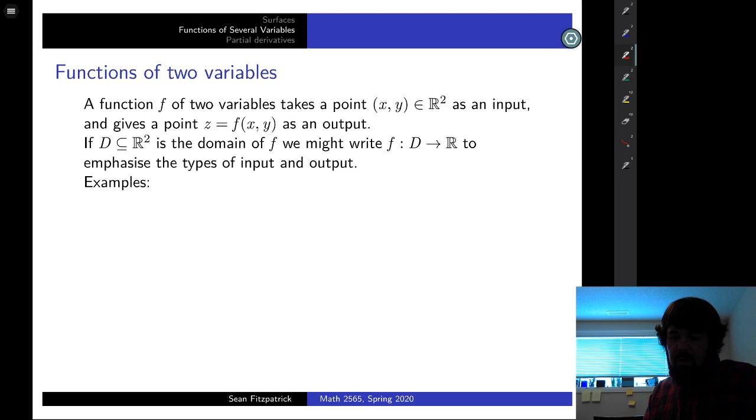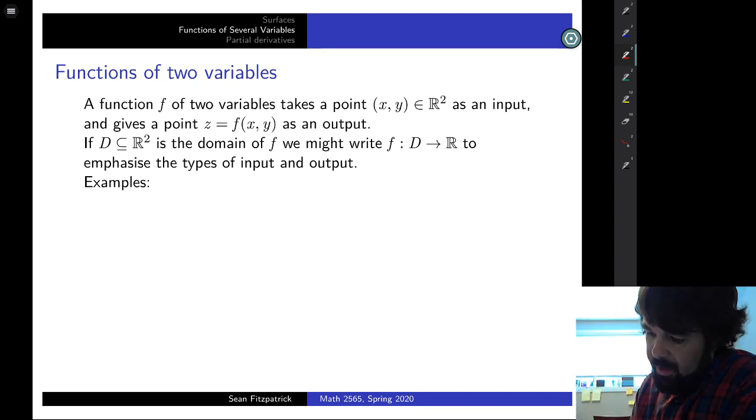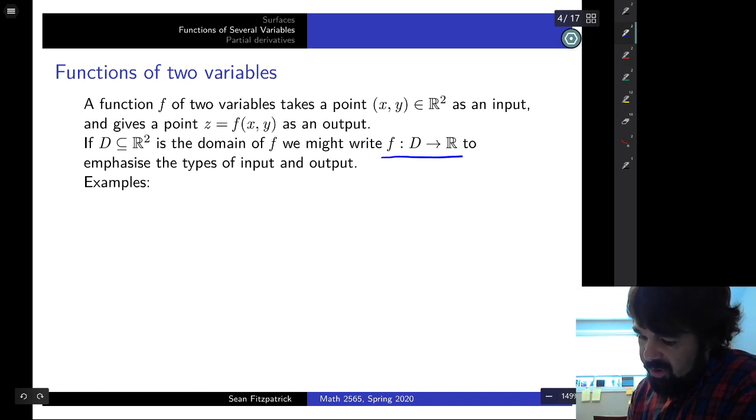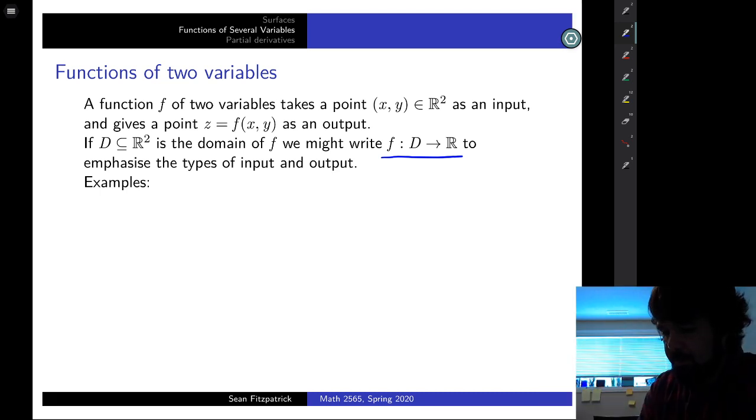The first thing I want to emphasize is that functions of more than one variable are still functions, right? What's the basic definition of a function? If you've done, say, Math 2000 or something like that, you've seen this sort of thing. A function is a relationship between sets.